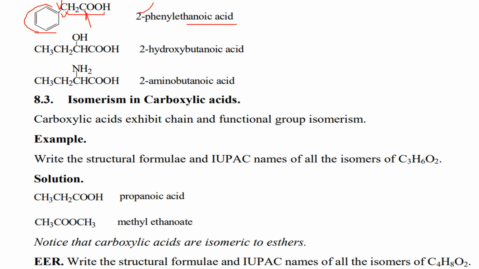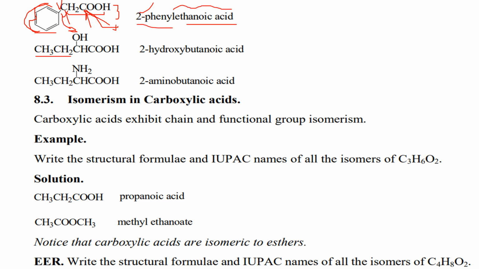We start counting from the position that contains the functional group. The functional group is on this carbon atom which we start with, so this is the first carbon atom, this is the second carbon atom, and this phenyl group is attached to the second carbon atom. That's why we call it 2-phenylethanoic acid.